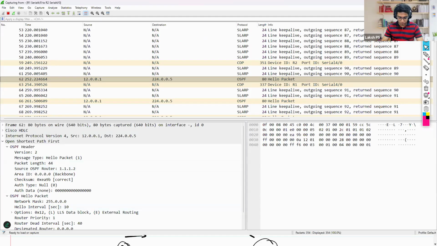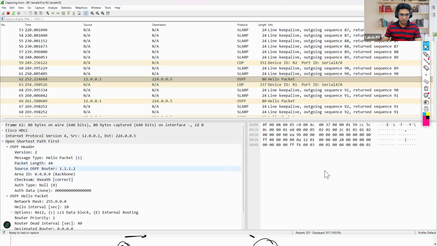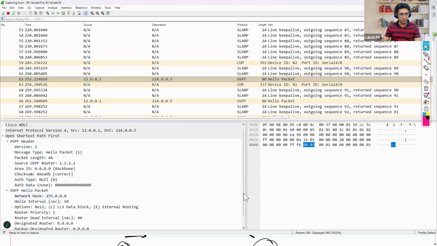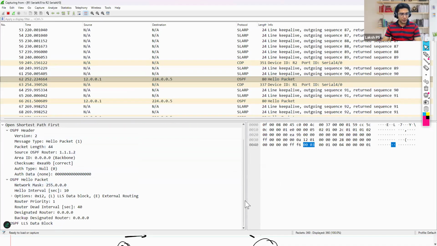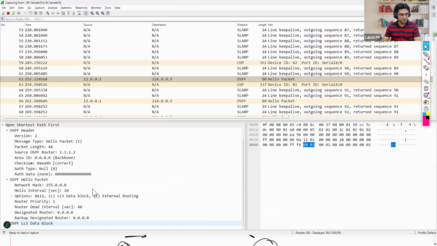Okay, then what other information is sent? The subnet mask, the address mask, is also sent. You can see here network mask 255.0.0.0. That is the address mask. Then I also mentioned it will send the hello timer and the dead timer information.